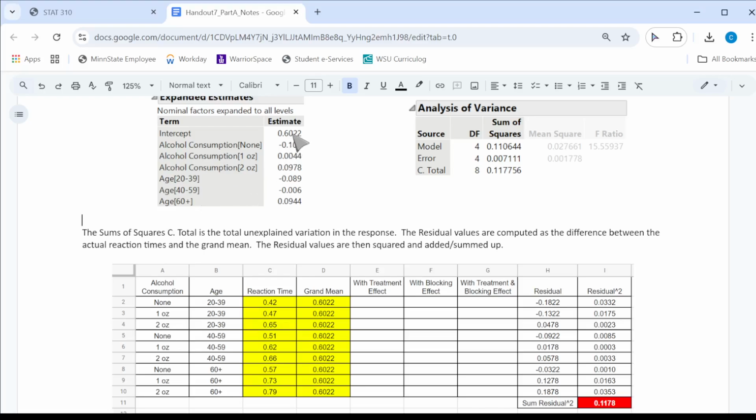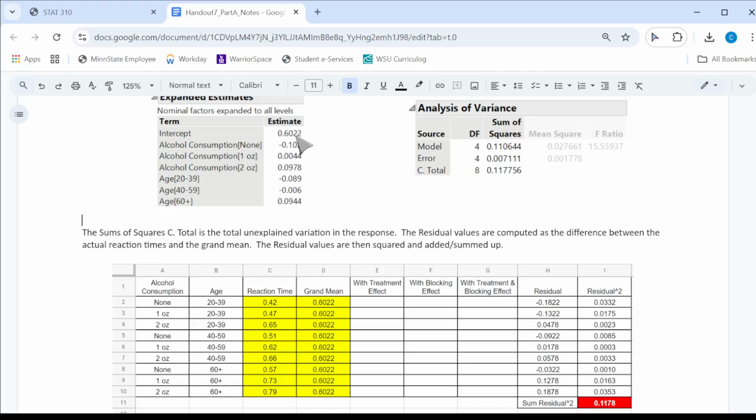Now, these are my estimates here, right? So this is going to be my mu. If I'm in the no alcohol consumption group, I can expect my reaction time to drop by about 0.1. If I'm furthermore in the young age group, it's going to drop by another 0.089. So I had one person that was not consuming alcohol and was in the young age group.